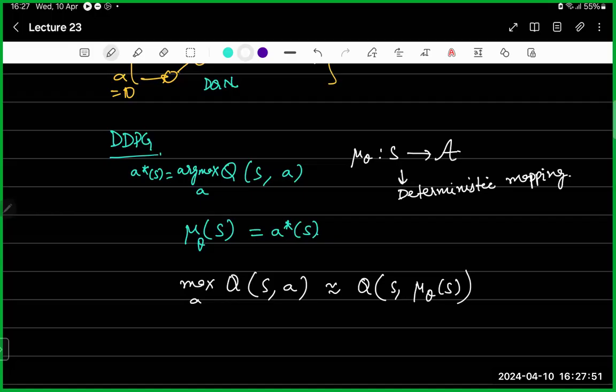Is this goal clear? Because we are doing some neural network approximation. It takes in S and gives you an A, which is directly this argmax over A. So this is like learning a deterministic policy.